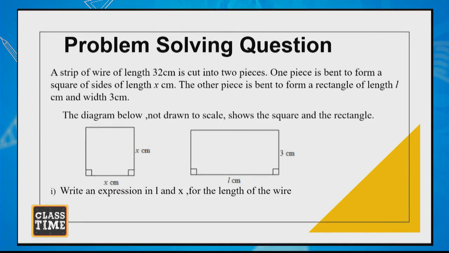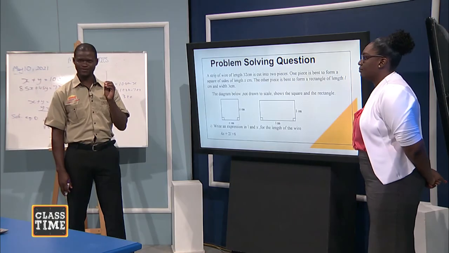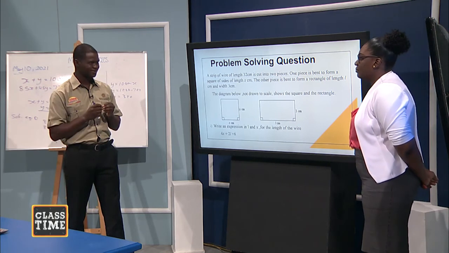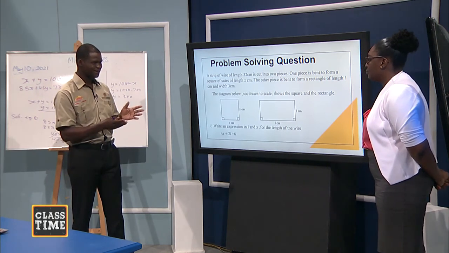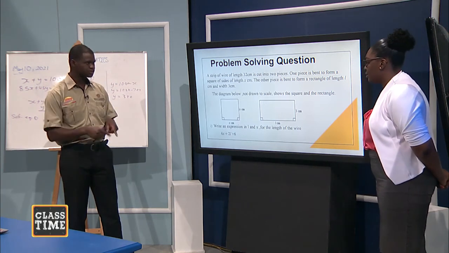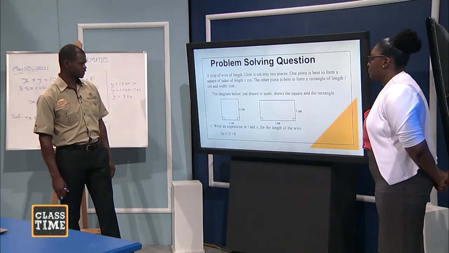So again, we've gone ahead and written our equations: 4x plus 2L plus 6, right? And it is talking about the length of the wire. Really, what they're asking us to find is the perimeter of these shapes, because the length of the wire is really the perimeter, the distance around the boundary of each of these shapes.